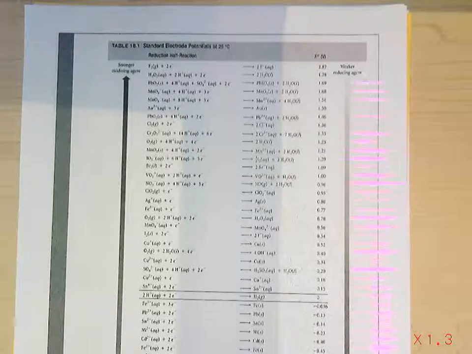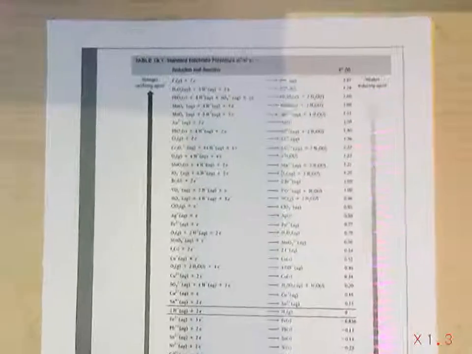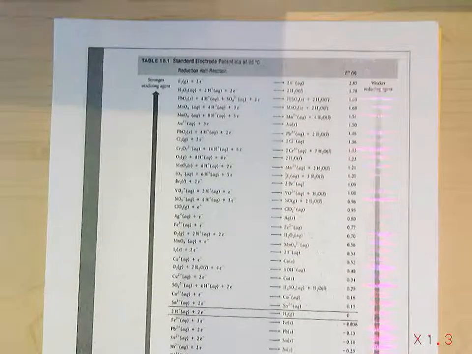Now, the key to this table, the most common mistake people make, well, there are two mistakes. One, you end up using the wrong half reaction. And two, you change the sign or do something crazy with it. So, let me zoom in and find it.